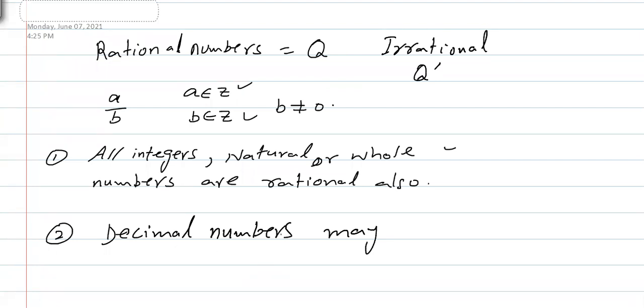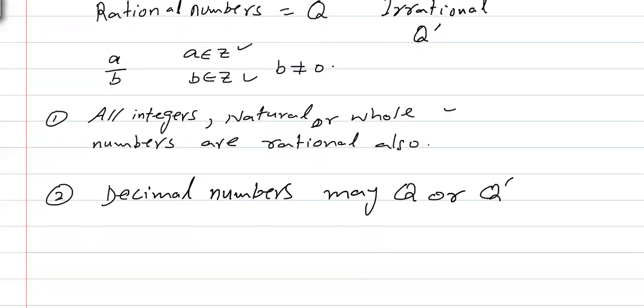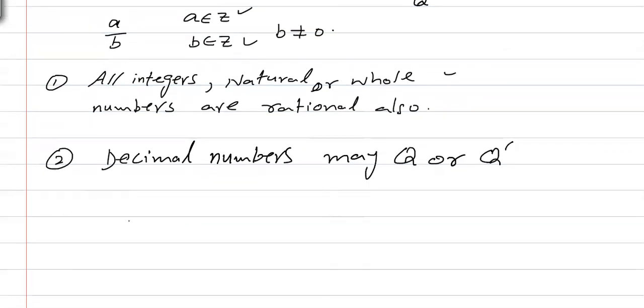So I can say decimal numbers may be rational or irrational. They can be one of them, either rational or irrational. When will they be rational, and when will they be irrational? For that, we need to understand a few terms. Let's see, I'm writing one example here.